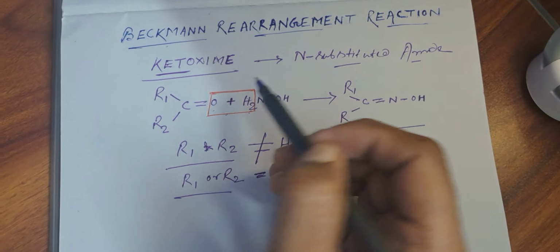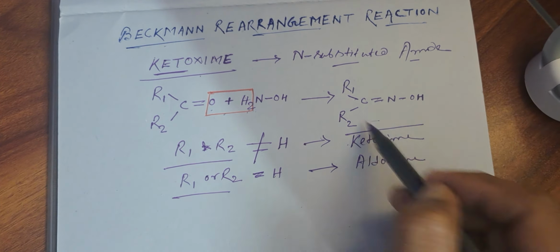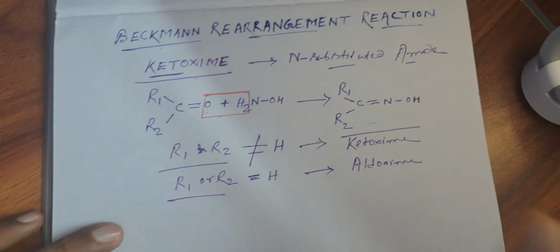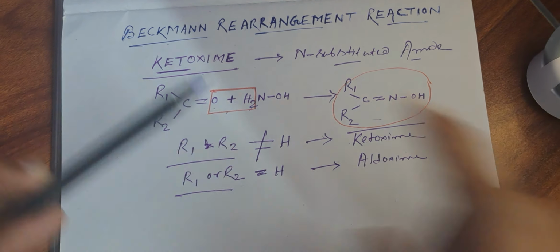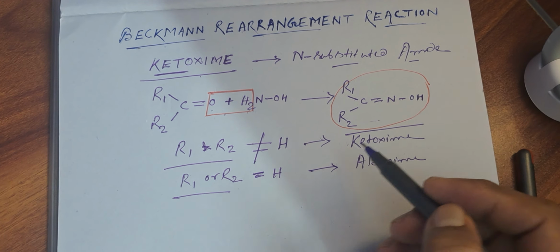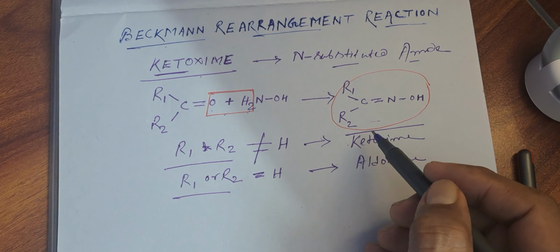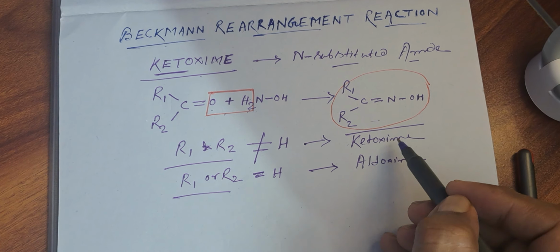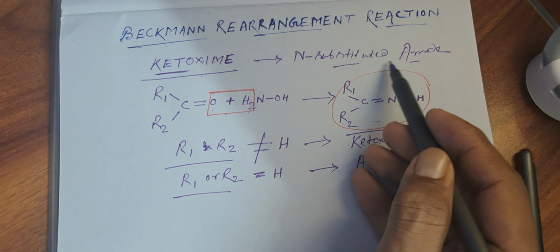Now back to business. This is the feature of ketoxime, where R1 and R2, neither of them is a hydrogen. Both are either alkyl or aryl or some heterocycles, so we can call them ketoxime. Now your goal is to get the N-substituted amide.